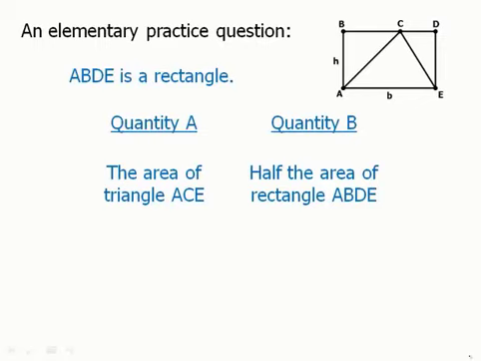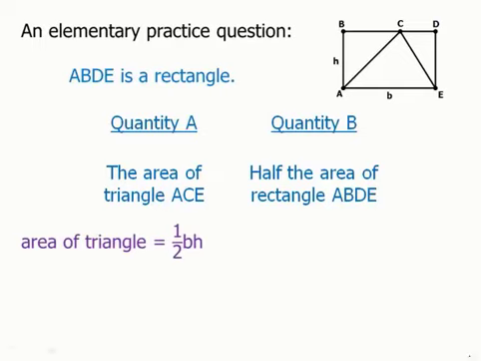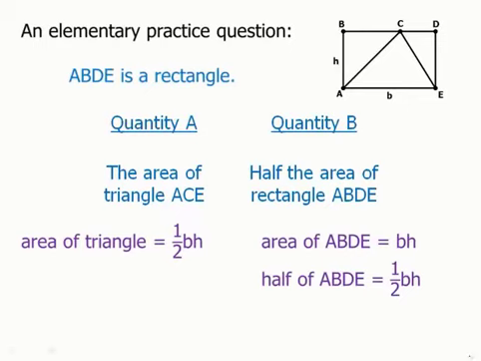The area of a triangle, you may remember, is 1/2 base times height. Again, if this is unfamiliar to you, do not worry. You'll see it in the geometry module coming up. The area of the rectangle would just be base times height. And so half of that would be 1/2 base times height. Well, notice both of those are equal.